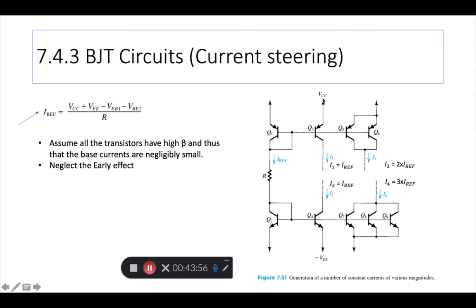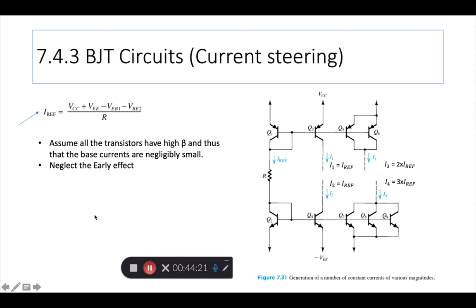Otherwise you would just say this I reference is VCC minus the drop here, the emitter to base, divided by resistance. But because you have both VCC and VEE, see how we do this calculation. It's actually VCC minus of minus VEE, so the sign of the minus VEE flips to plus, and then the rest of it.